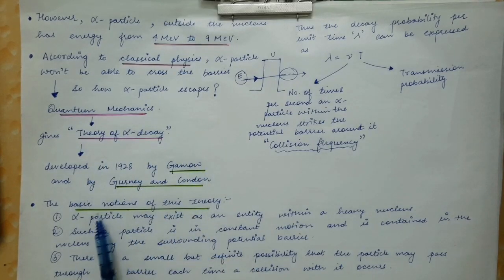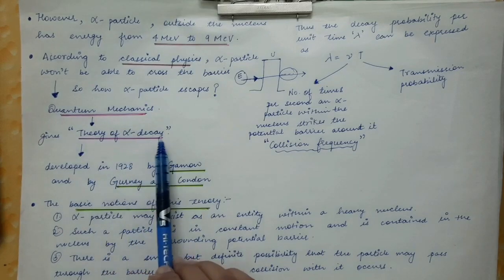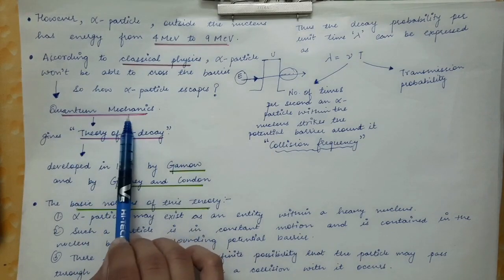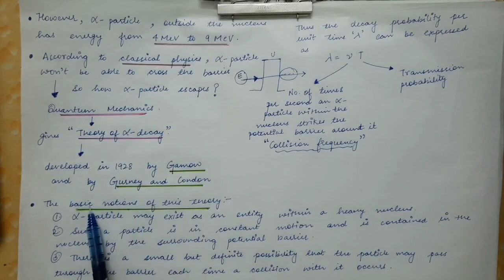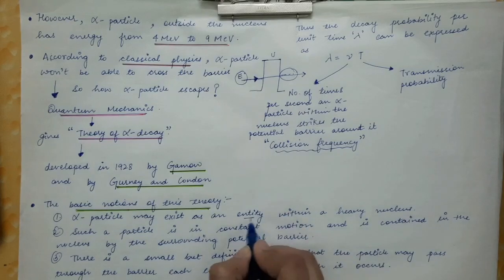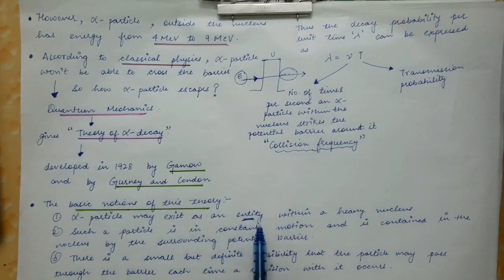Now we will see what are the assumptions of this theory of alpha decay, which was given by Gamow using quantum mechanics. The basic assumptions were that the alpha particle exists as an entity within a heavy nucleus.